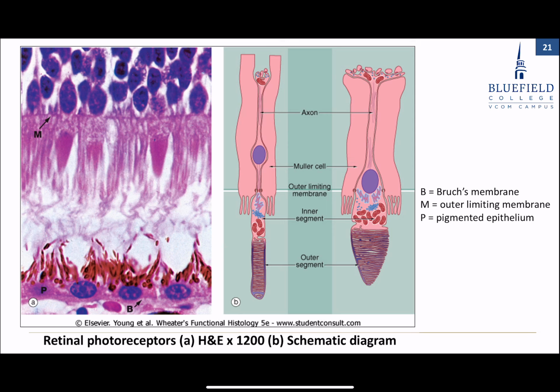These would be the oldest ones down here. Well, that photoreactive pigment, as it's used over and over again, reacting with photons of light, eventually gets damaged, gets worn out, and so we remove the older senescent vesicles down at the bottom here. That's the job here of this pigmented epithelium. It phagocytizes the tips of these in order to remove the old, worn out photoreceptive pigments.